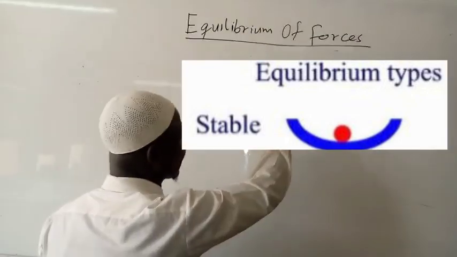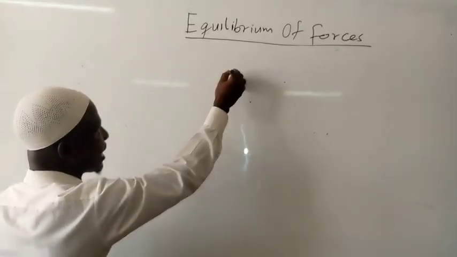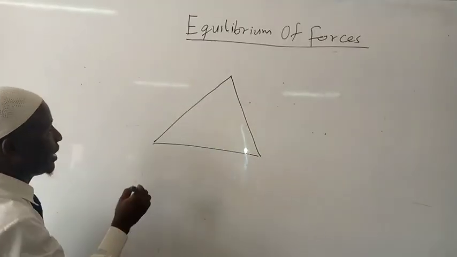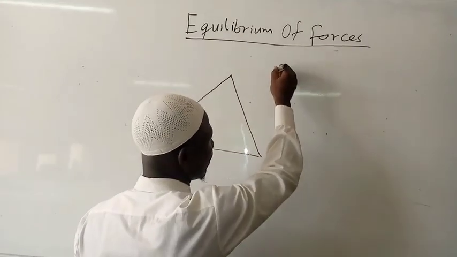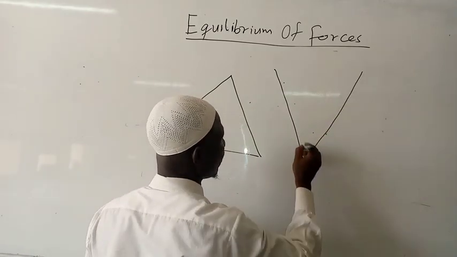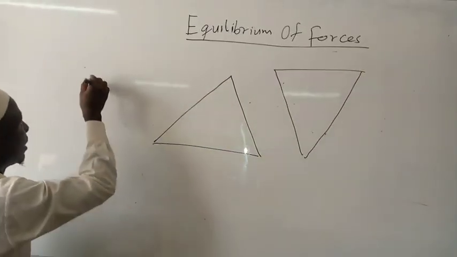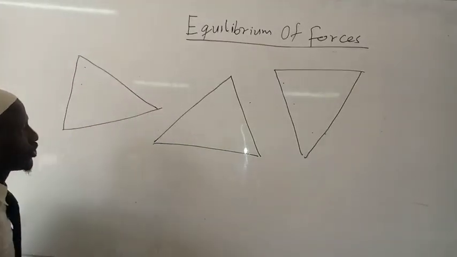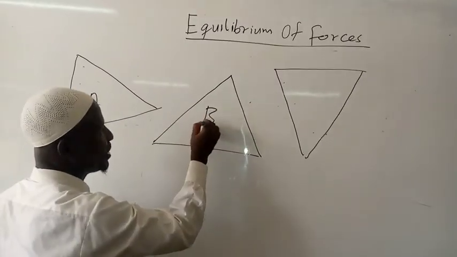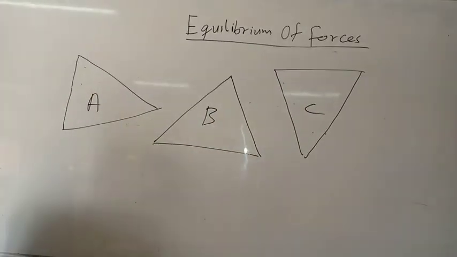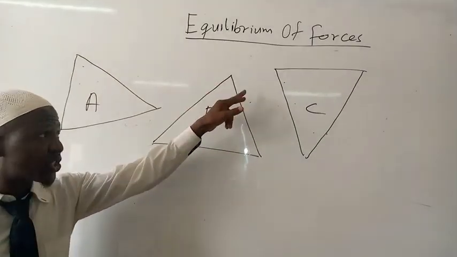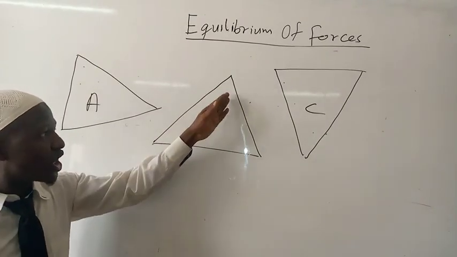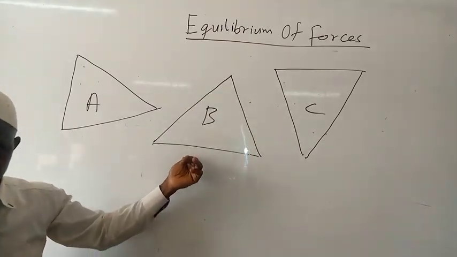Like if you have an object like this, let's say we have A, B, C. If you look at the diagram very well, if you apply a slight displacement to this one, it will just shift and come back to its original position.